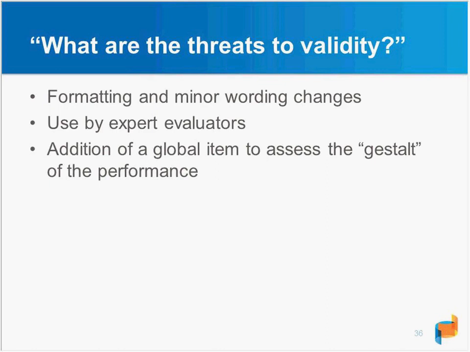So, for instance, formatting and minor wording changes used by particular evaluators, who in this case did not necessarily represent the same professions as those in the validation study. And in our case, the addition of a global item to assess the gestalt of the performance were all changes that need to be considered in how the results are represented.